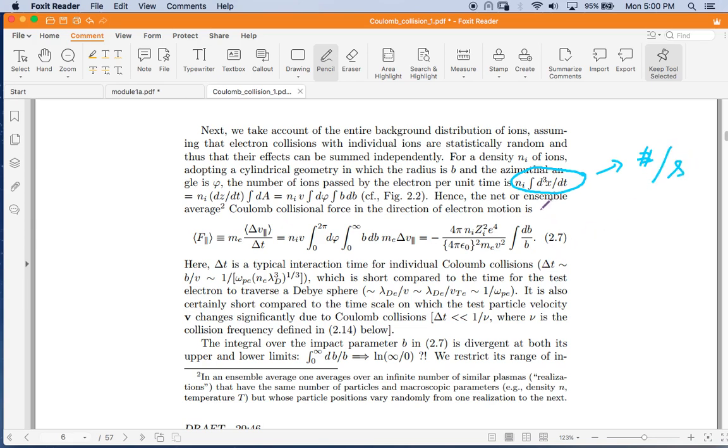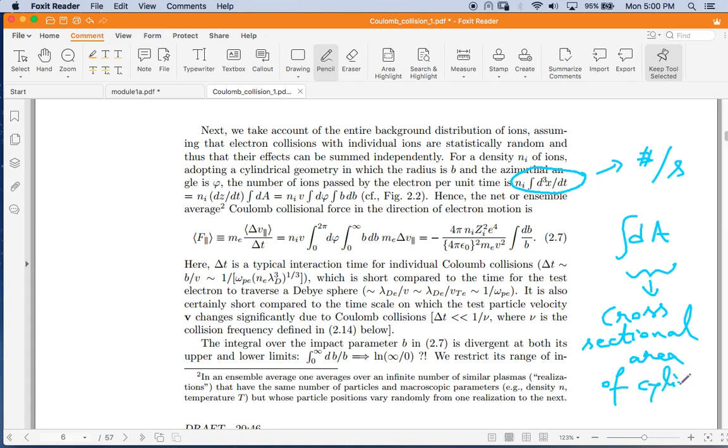The way you carry out this d cube x over dt is this. You do a dz dt times the integral dA, which gives you the cross-sectional area of the cylinder, which is, as you know, pi b squared.